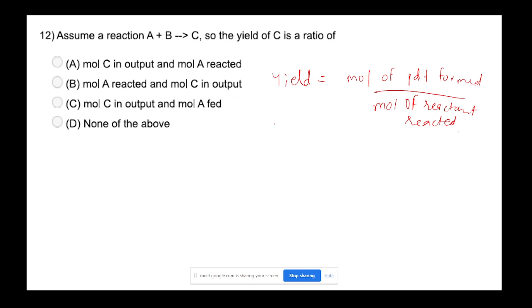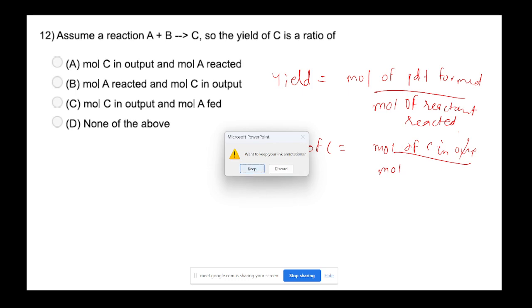Here everything is in terms of C and A. So we will find yield in terms of A and C. So yield of C is nothing but moles of product formed. What is the product formed for C? Moles of C in output divided by moles, just a minute.